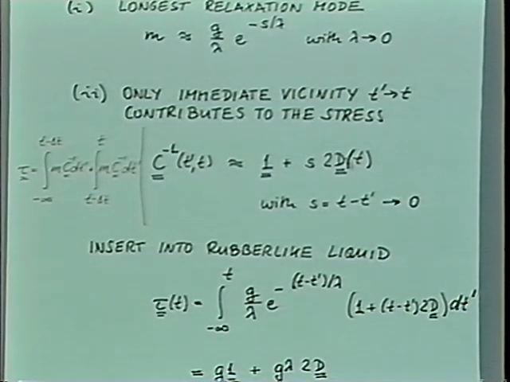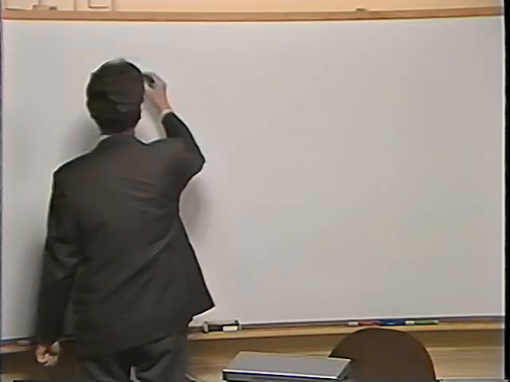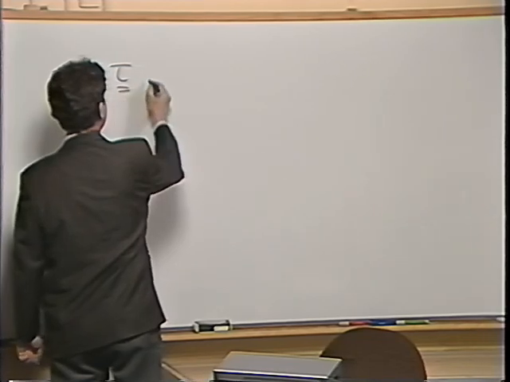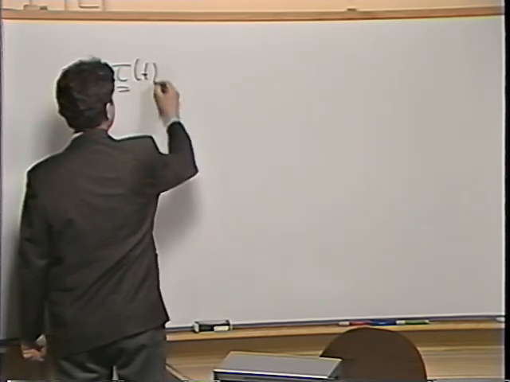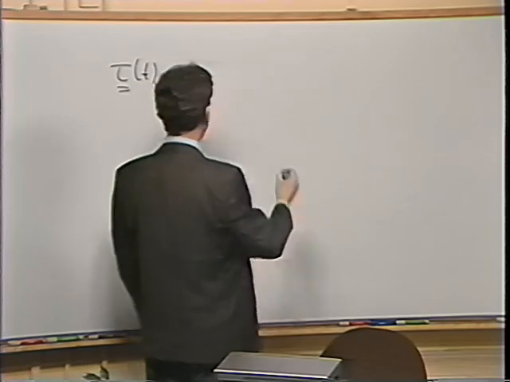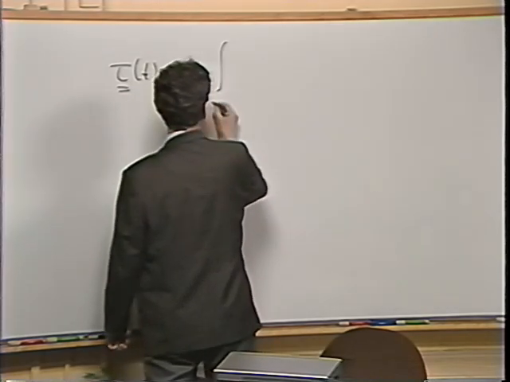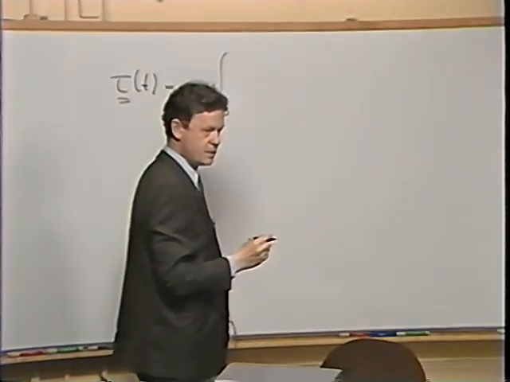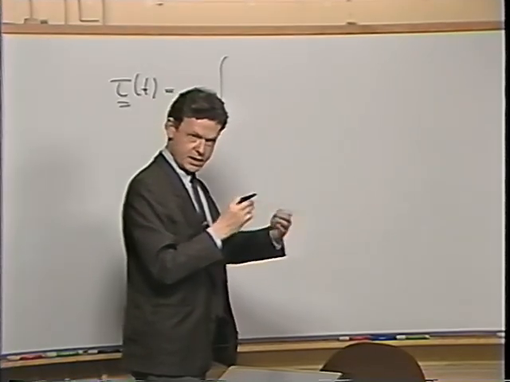Let me write this down in a little more detail here at the blackboard. If we describe the stress at time t in terms of an integral from minus infinity to the current time t, we are splitting up this integral into two parts.